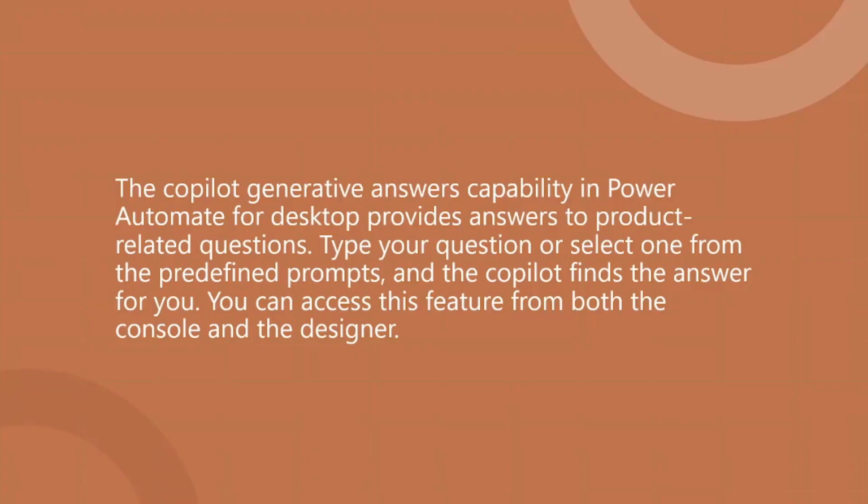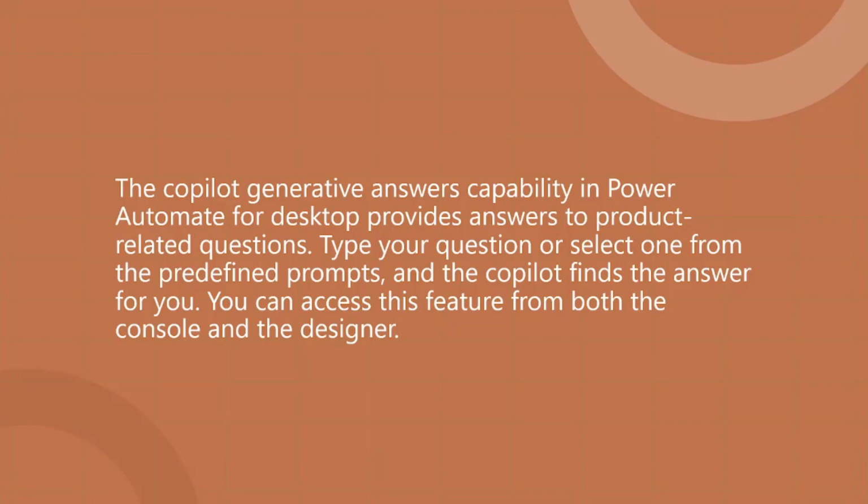So first of all, we will understand what is Copilot in Power Automate for desktop. The Copilot generative answers capability in Power Automate for desktop provides answers to product related questions, which in our case is Power Automate for desktop.